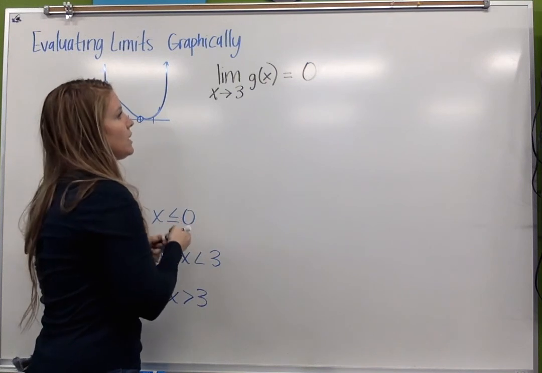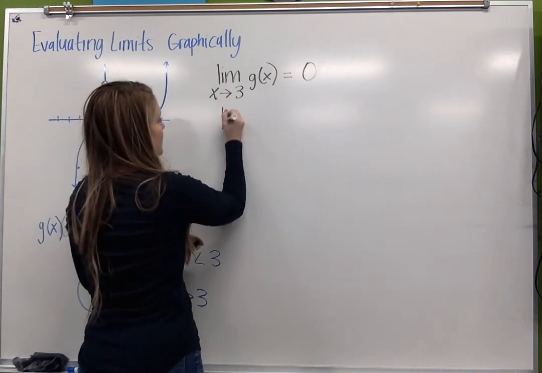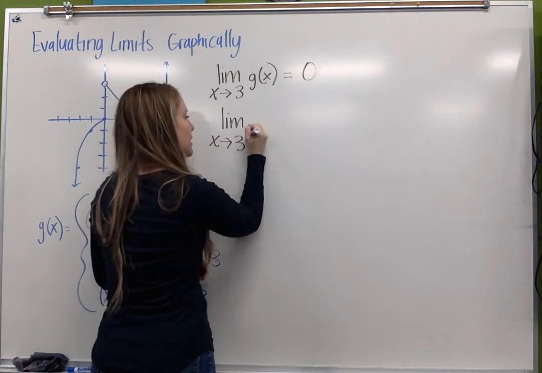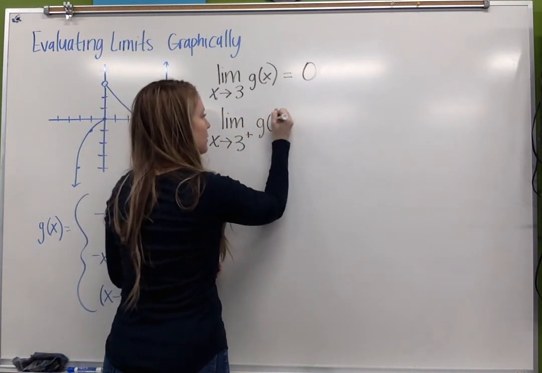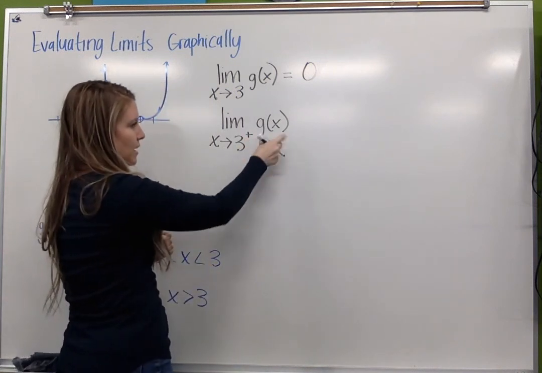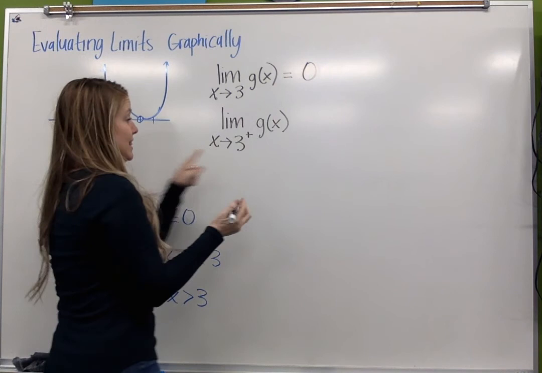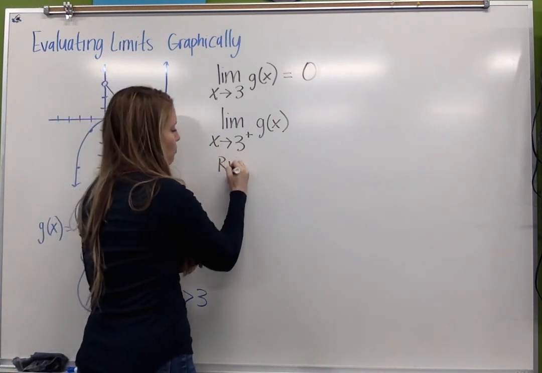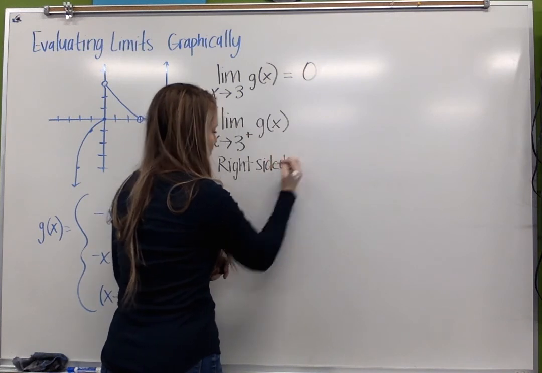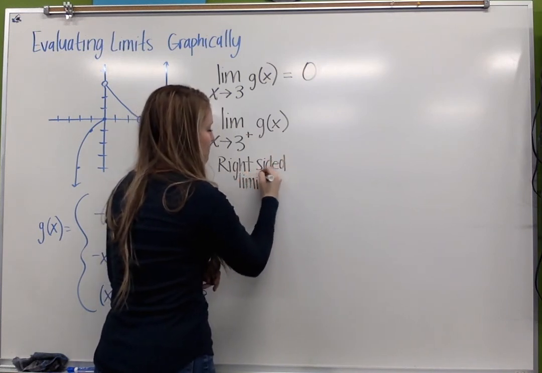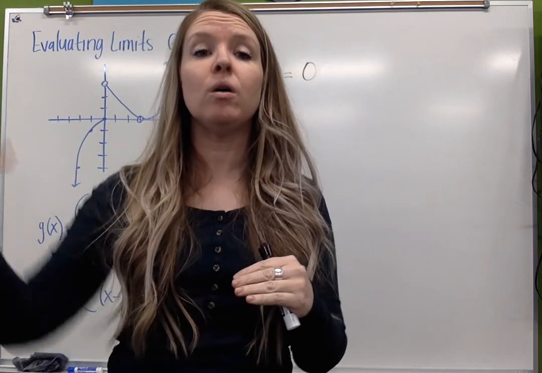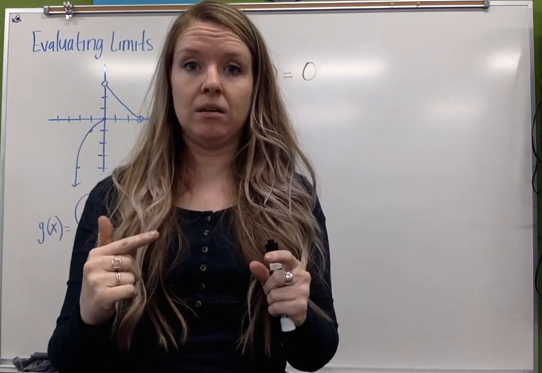The first one is if we saw something like this: the limit as x approaches 3, and there's a plus sign on there, of g of x. This is what we call a right-sided limit. What that means is we are just looking at the y value from the right side.